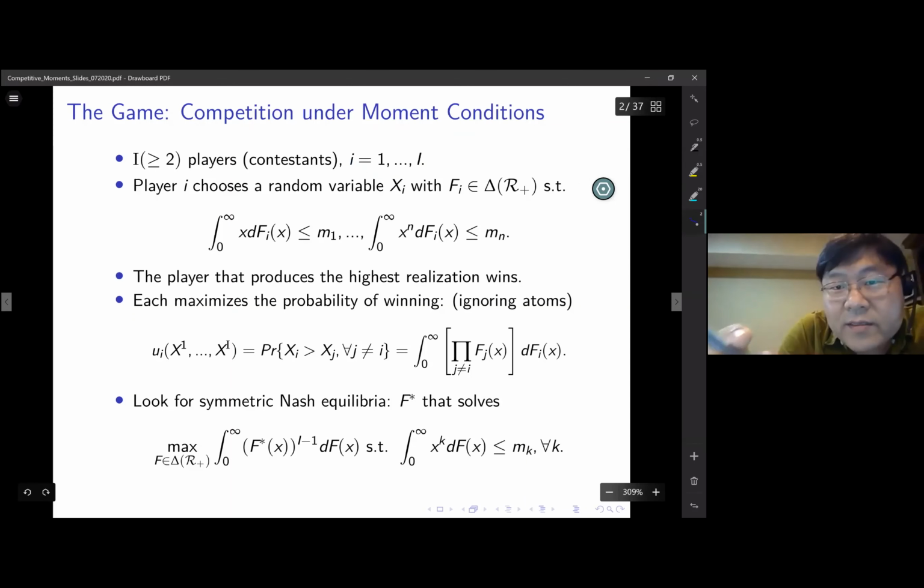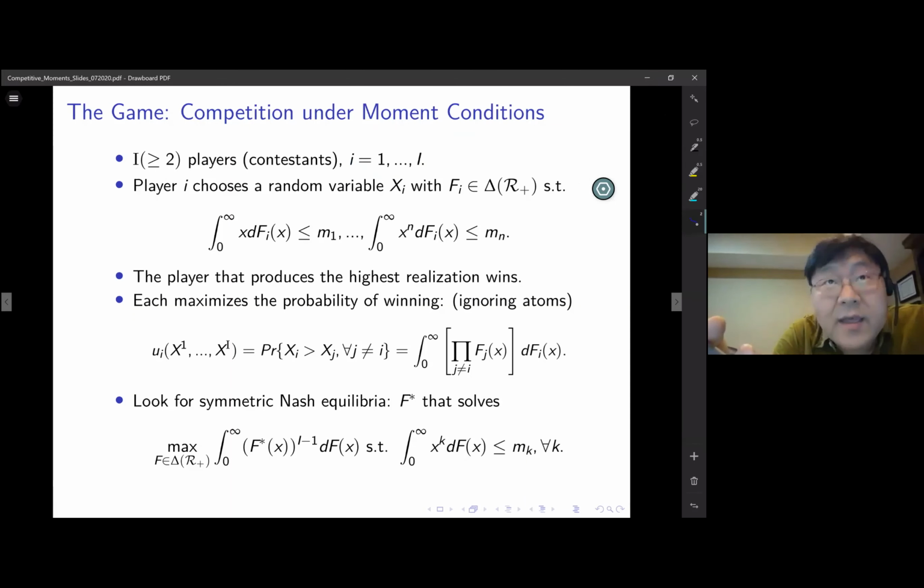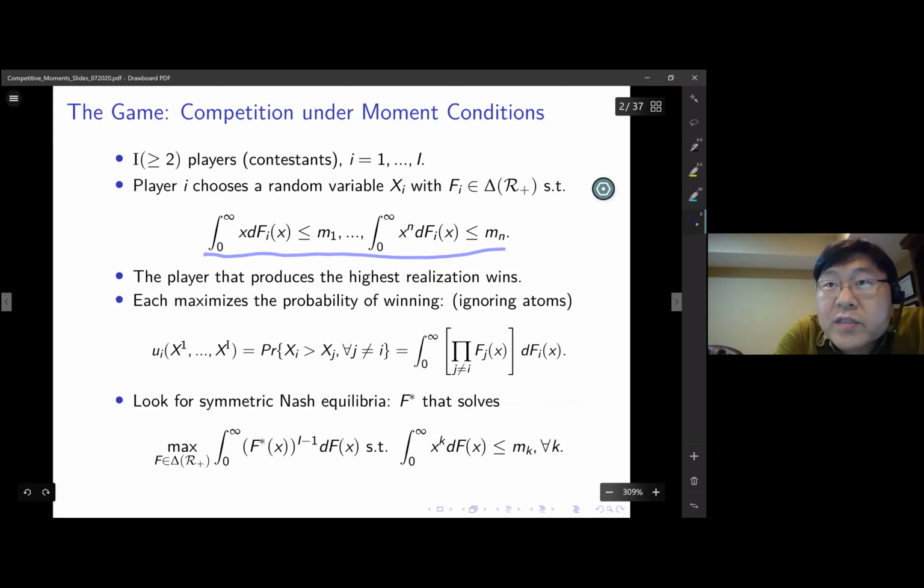There are I players, from 1 to I. And each player chooses a random variable or a distribution function subject to a set of moment conditions.